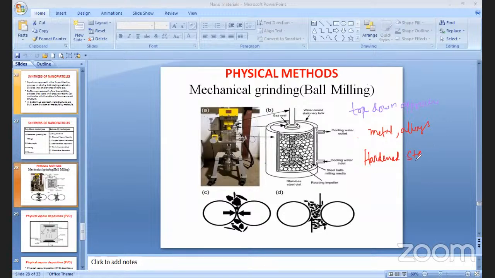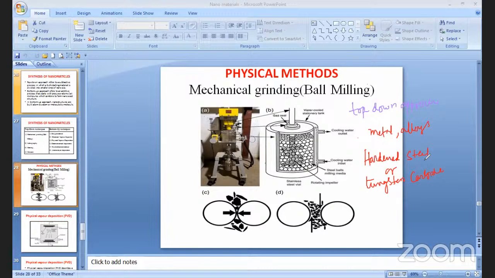So these hardened steel or tungsten carbide balls are used in different sizes. The balls mean the shape of the hardened steel and the tungsten carbide will be in the form of a ball, and balls of different sizes are used.